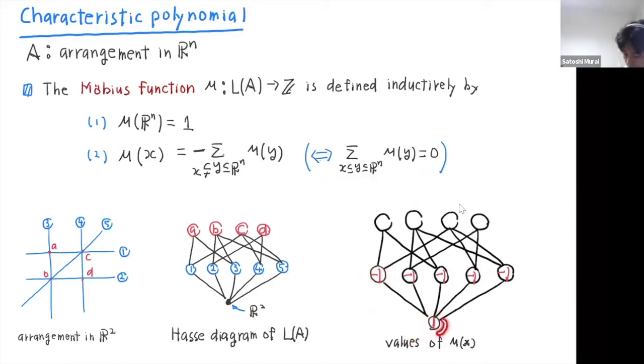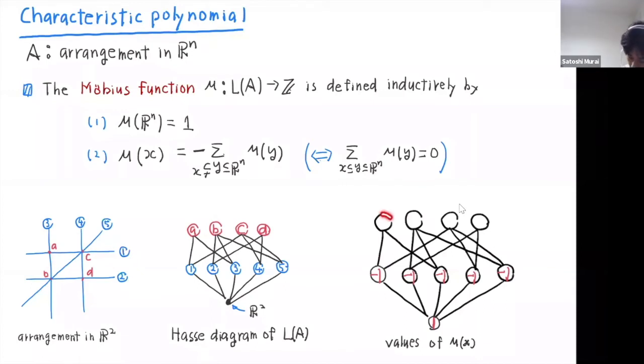Because we already put 1 in the bottom element, this element x must have the value -1. And similarly, for these elements, we get the value -1. And then we continue this procedure.